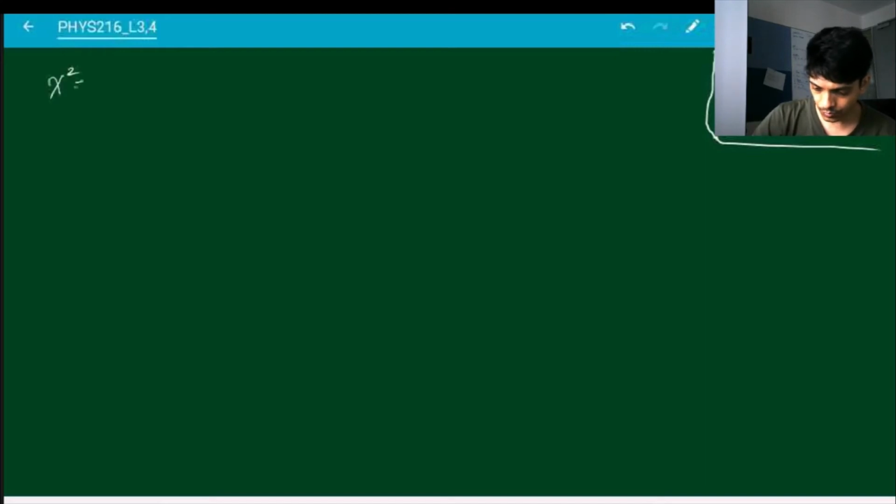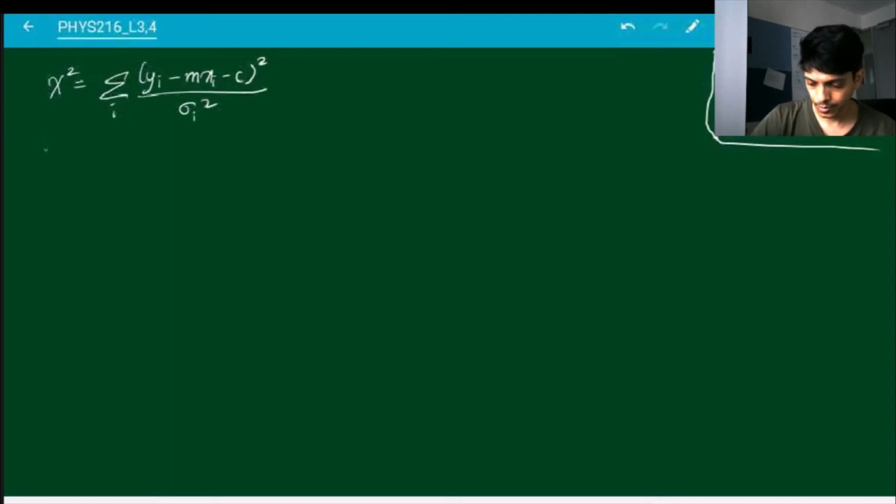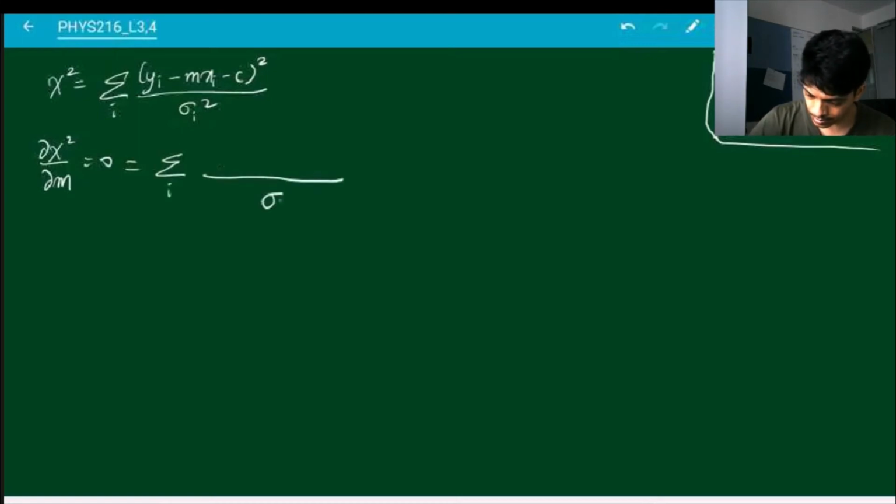Let me write down once again. Chi-square is the sum over i of (yi minus m xi minus c) squared divided by sigma i square. Okay, so the partial derivative with respect to m being 0 means this is 2 times this, and with respect to m I'll pull out a factor of minus xi.